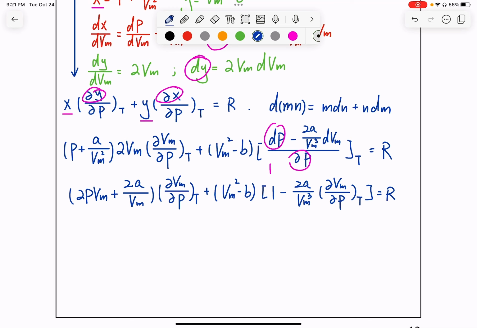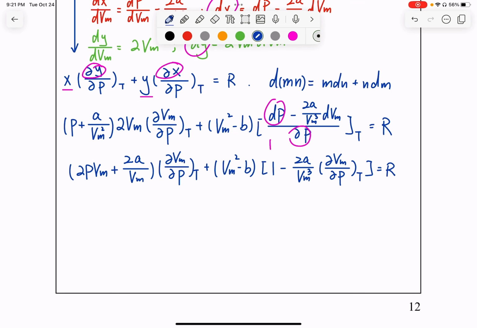All right. And then what we're doing is simply organizing the terms so we have an expression of this partial derivative of Vm over p at constant T. So let's do this.